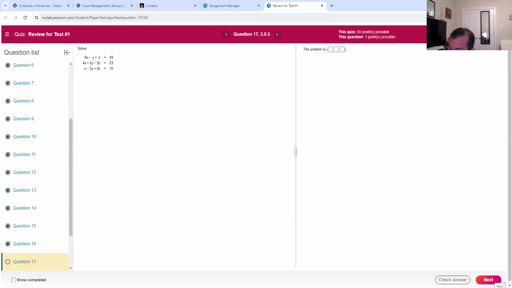And then x minus 3y plus 2z equals 10. Now this one, I always label these equations 1, 2, and 3.